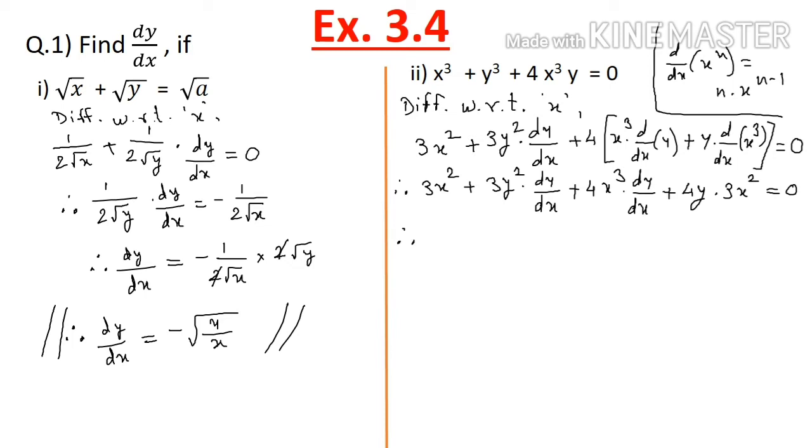So these two terms which are having dy/dx in common will put in one bracket, and the other two terms which are not having dy/dx will put in another bracket.